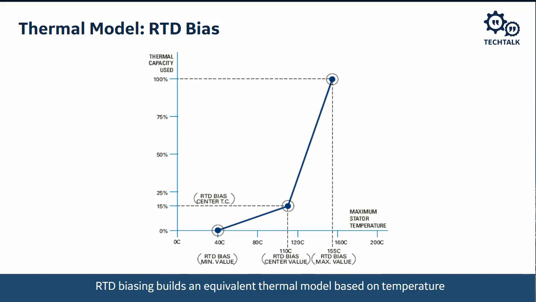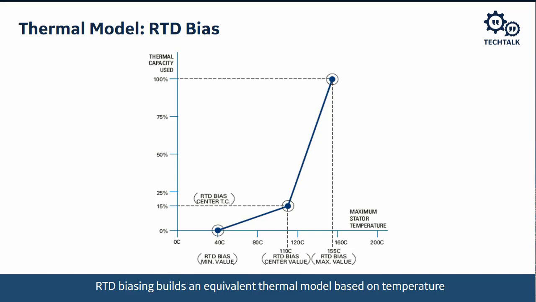We don't want to exceed that, so that should be our upper value, and that would be the point where we're at 100% thermal capacity used. That'd be the point we'd trip at. So this RTD thermal model shown here is an alternate model, but this model won't trip unless we're above the pickup of the thermal model.